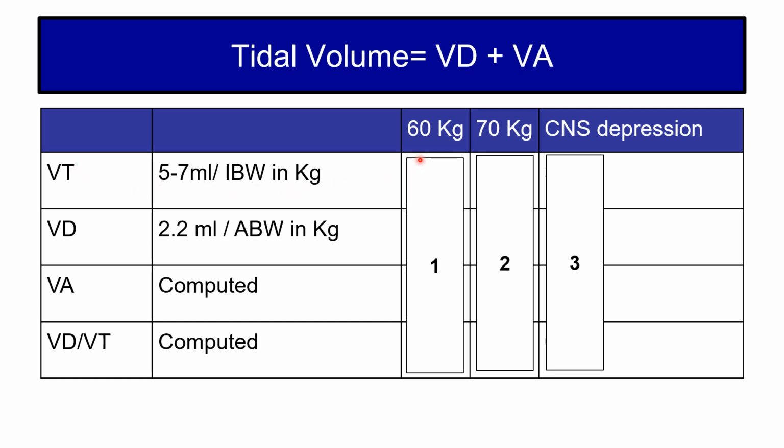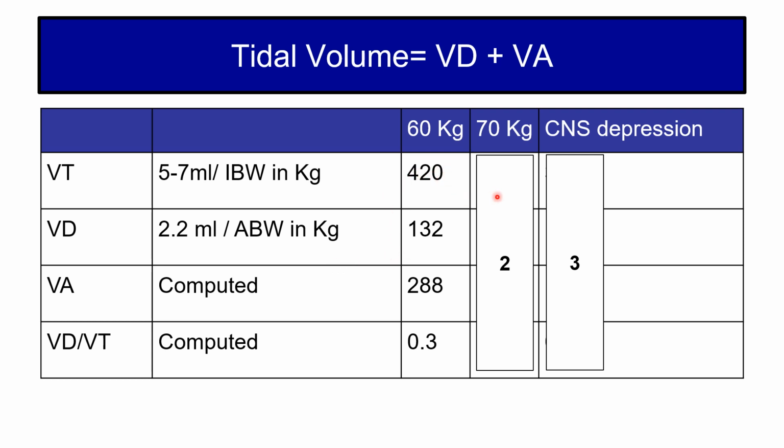So for 60 kilograms times 7, that's approximately 420 mL of tidal volume. 60 times 2.2, that's around 132 mL of dead space volume. The alveolar space volume is 420 minus 132, that's 288, while the physiologic dead space is 132 over 420.